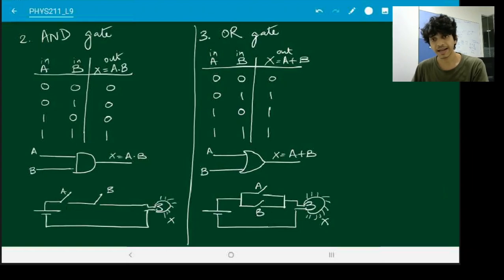Now we have seen the AND and we have seen the OR. There are two more very similar ones, the NAND and the NOR. So NAND gate. NAND is basically NOT plus AND.